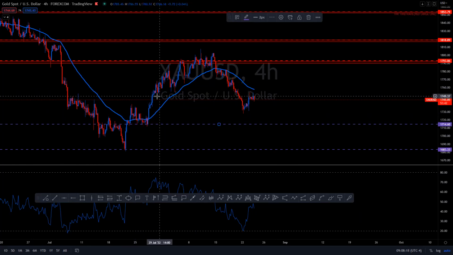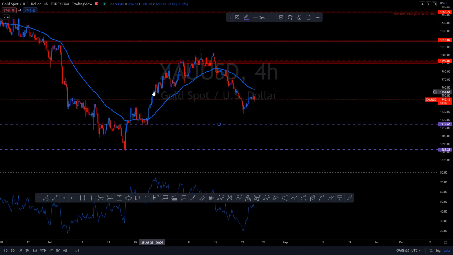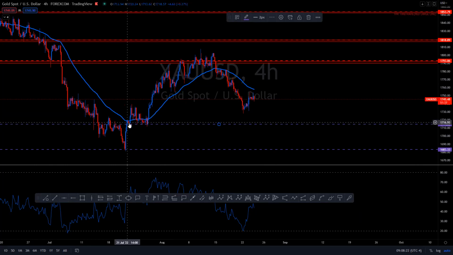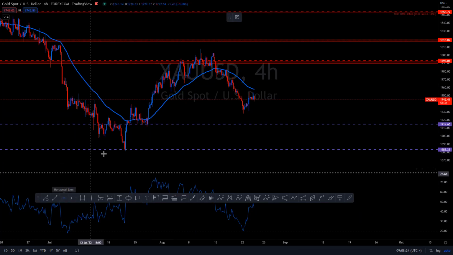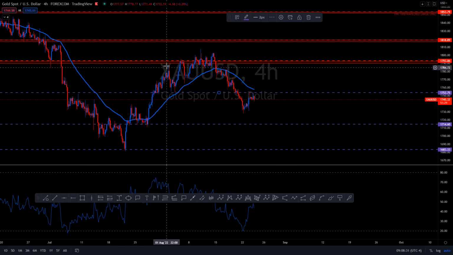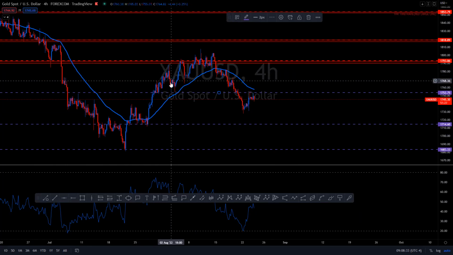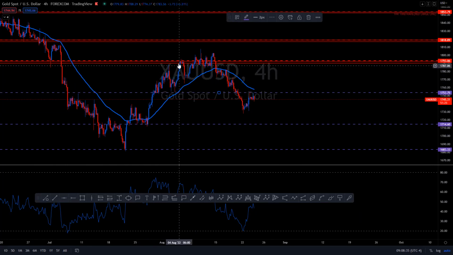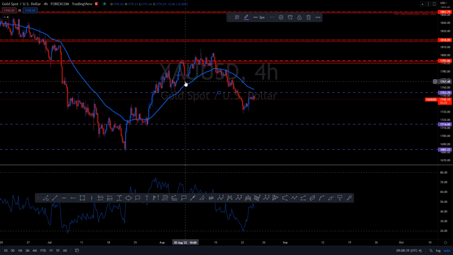And then the next sell-off here was here. So we're just analyzing. And then the next buy up was up to this zone, respected it, came back down to here, then respected this again, didn't even respect this zone, came back down to here.